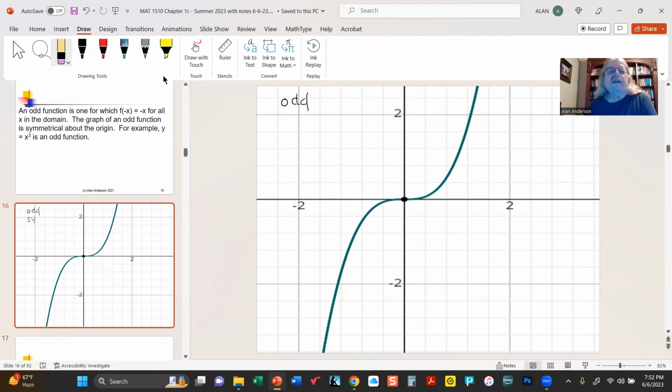So basically what you're seeing here is that the first and the third quadrants are mirror images of each other. And that could also happen with the second and the fourth quadrants. If you had y equals negative x cubed, that's exactly what you would get.